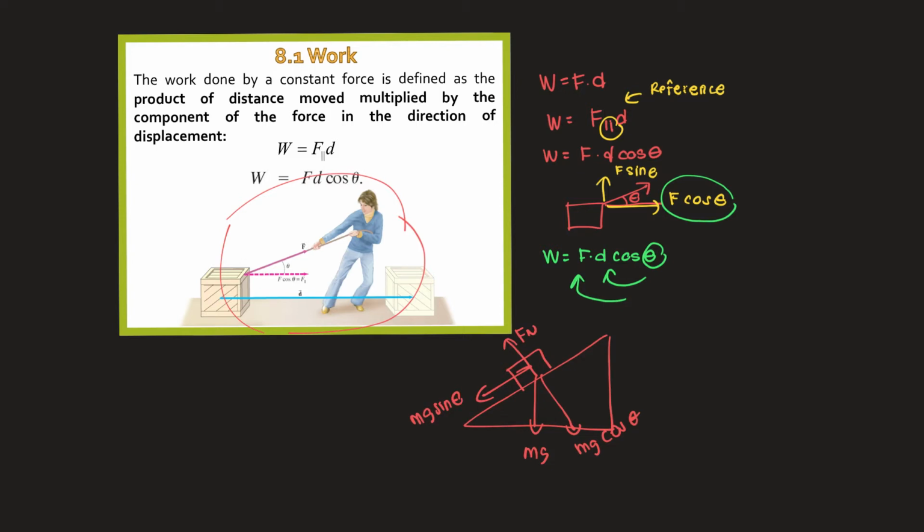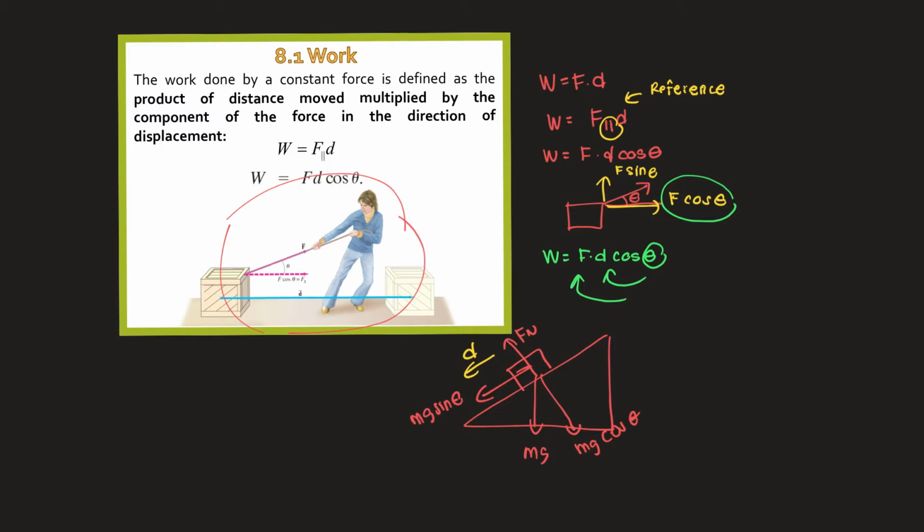For example, if the object moves with the distance like this, like I mentioned before, you need to make sure that your d is your reference, so the theta here is going to be between d and your F.